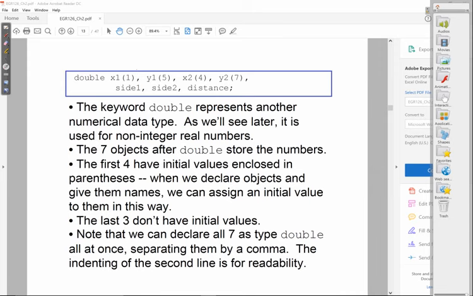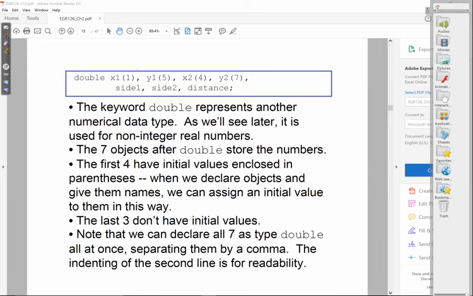Rather than forcing you to say double x1, double y1, double x2, double y2, and so on, C++ says if all these variables are of the same type, if these are all doubles, then all you need to do is put the word double once, and then you just list all your variables of that type after the word double. Can you still do double x1, double y1, double x2, double y2? Yeah, of course, that will still work. But if you have a shortcut like this, then you definitely want to go ahead and use it.